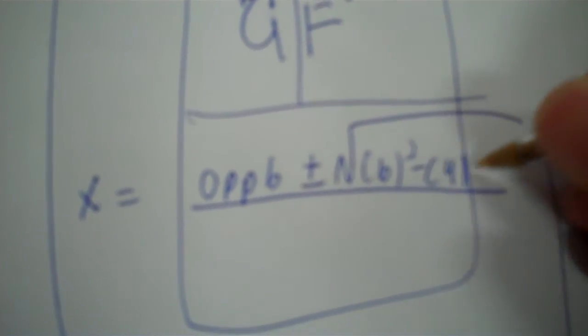So opposite of b, plus or minus the square root, b squared minus 4ac, over 2a. So the opposite of b is positive 25. b, that's going to be negative 25.